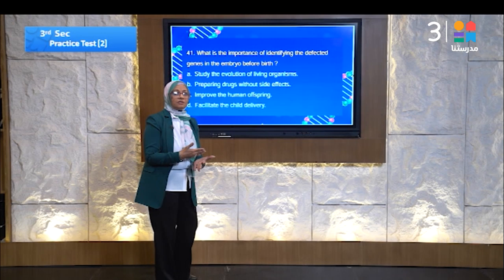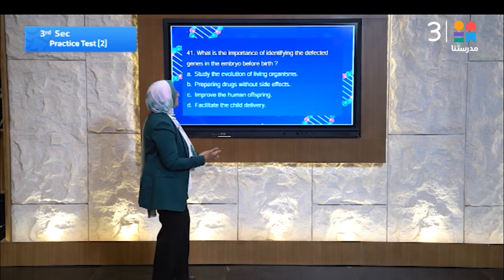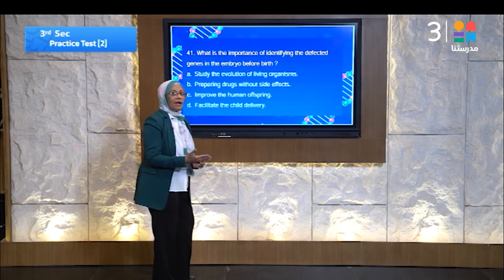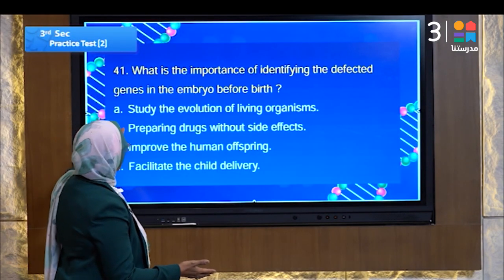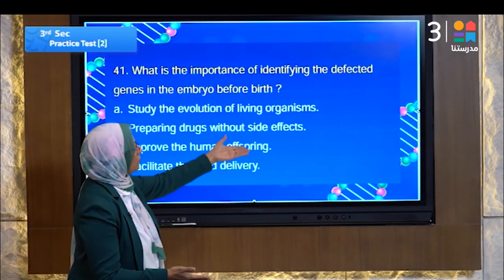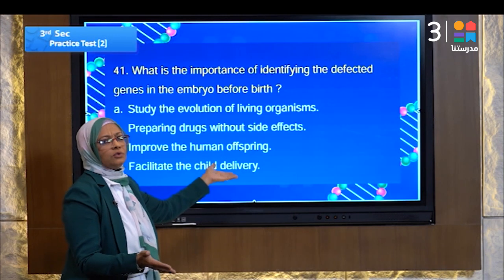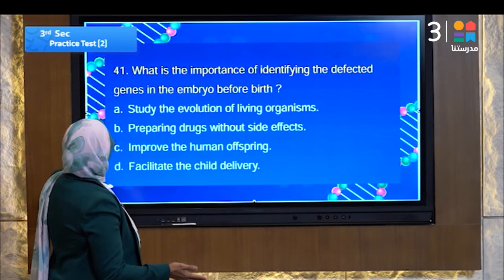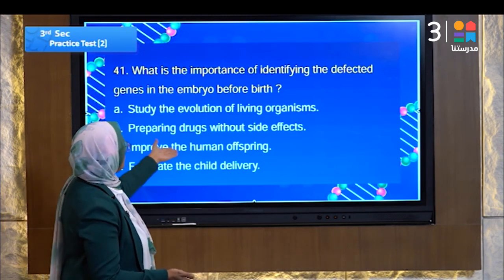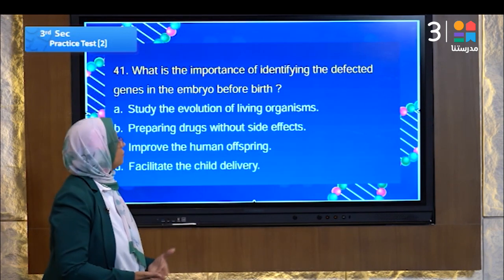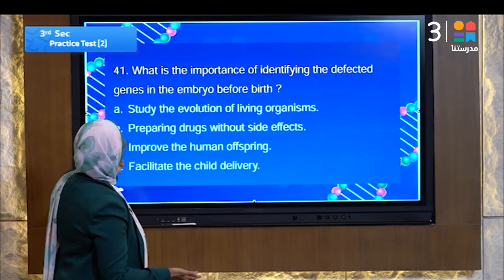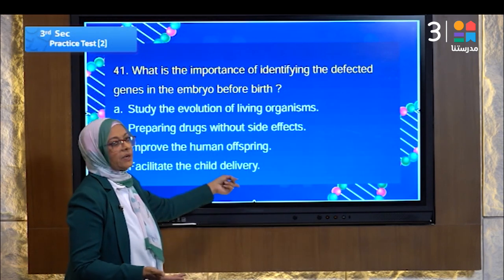Here, it is to identify the defect for another benefit. Let's read it. A, study the evolution of living organisms. No, not evolution inside the baby. B, preparing drugs without side effects. Some drugs are affected by genes. C, improve the human offspring.